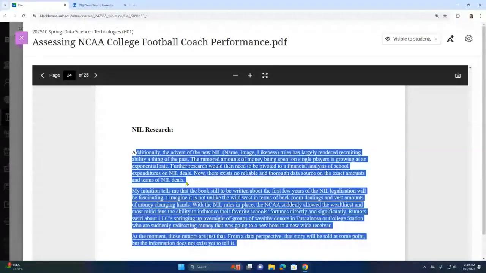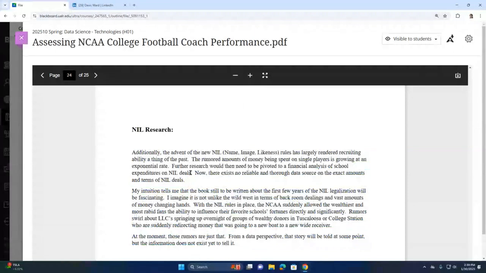And then he said one thing that is changing, and this is for players now, there's been a ruling that players should be able to profit from their own name, image, and likeness rights. And so this is very interesting. How is that going to impact recruiting?